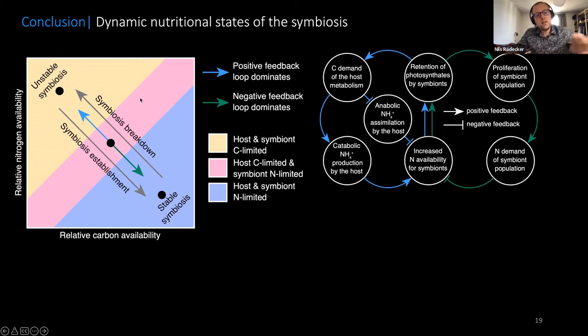However, in reversed interaction, the same process can also explain how we can switch from a carbon limited state, such as, for example, the symbiont-free animal, and explain the establishment of the symbiosis by the algae through rapid colonization as a consequence of high nitrogen availability, eventually leading to nitrogen limitation, pushing the symbiosis towards a stable state where we have a mutualistic nutrient exchange in the symbiosis.